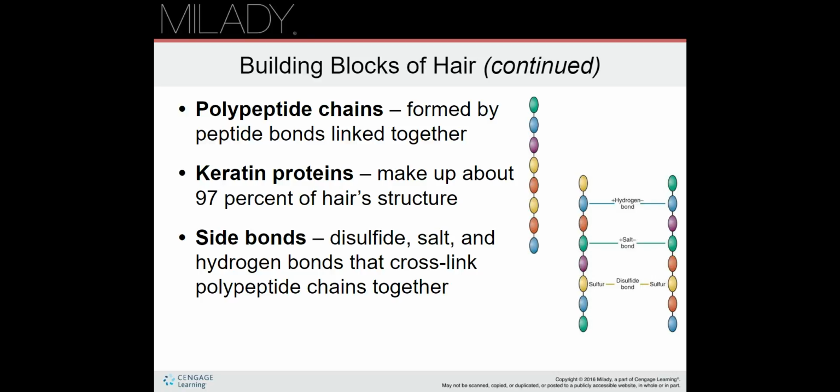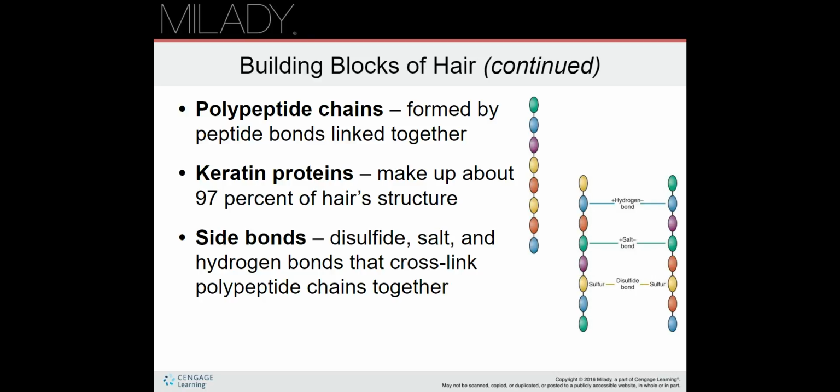So we have polypeptide chains that are formed together by peptide bonds that are linked together. Then we have keratin proteins. Those make up about 97% of the hair structure. Then we have side bonds. Side bonds are disulfide, salt, and hydrogen bonds that cross-link polypeptide chains together.